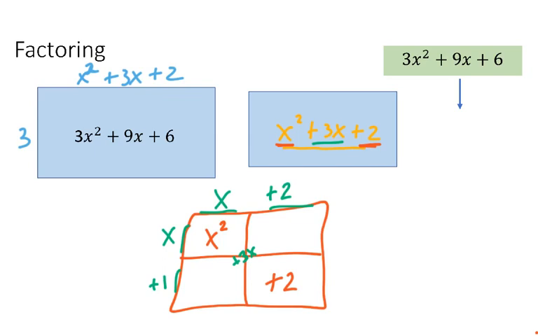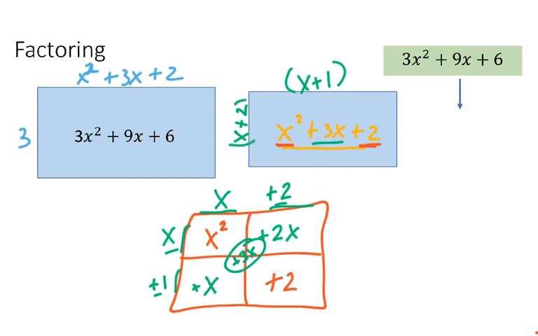And so what happens here is if I do x times positive 2, I get positive 2x. And then if I do 1 times x, I get 1x. So when I add those two together, I do get the positive 3x. So my two factors here would be x plus 2 and x plus 1.